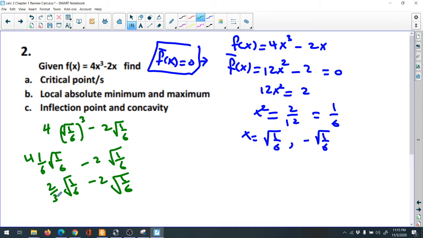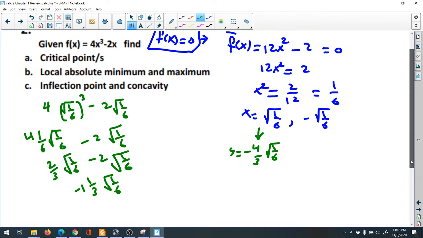Then if you subtract 2/3 minus 2, it equals negative 4 over 3. So y here is negative 4 over 3 square root of 1/6. That's y.